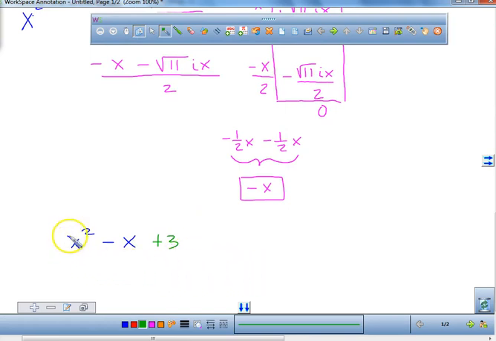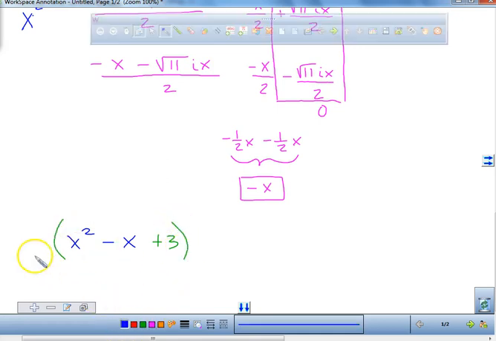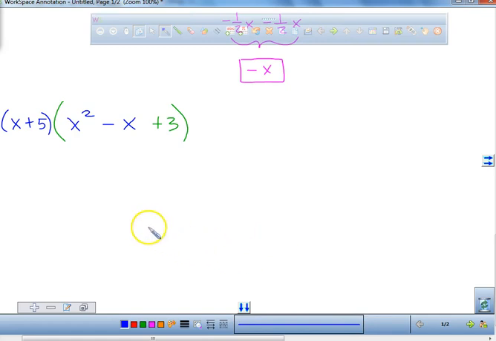By the way, this right here, we're going to take this answer and we're going to multiply it to x plus 5. So what I want you guys to do right now, okay? What I want you to do in your journal, take x plus 5 and we're going to multiply it to x squared minus x plus 3.